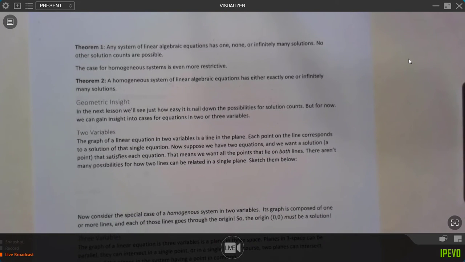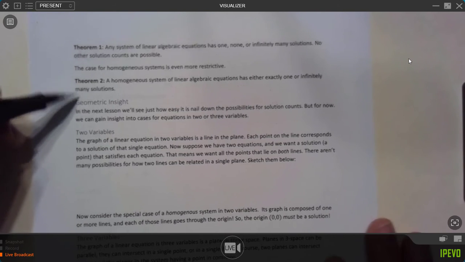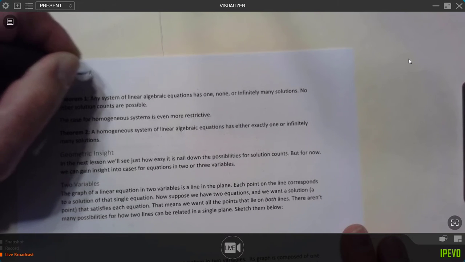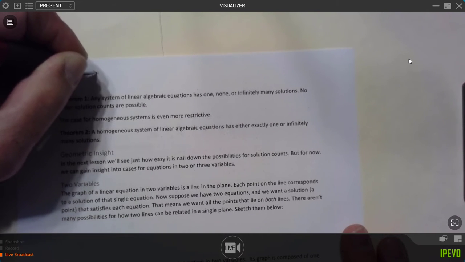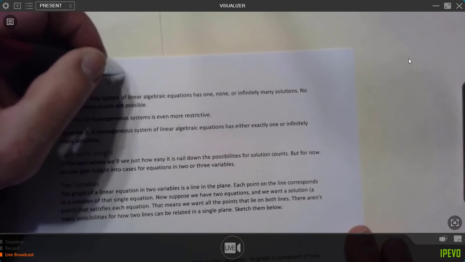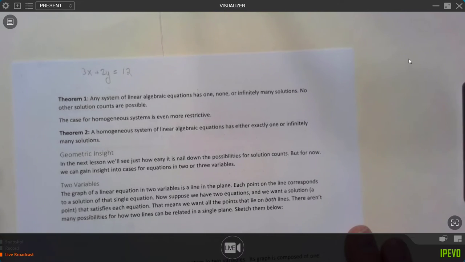And now we'd like to give some geometric insight for why that is. All right, now think about if you have, say, something like this, 3x plus 2y equals 12. Now there is a linear equation, right?